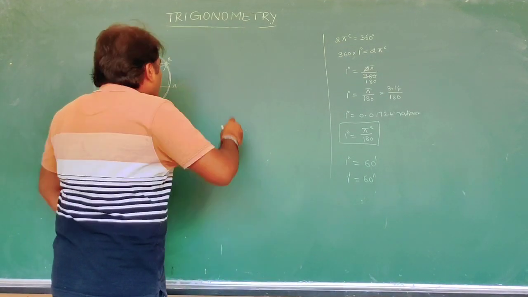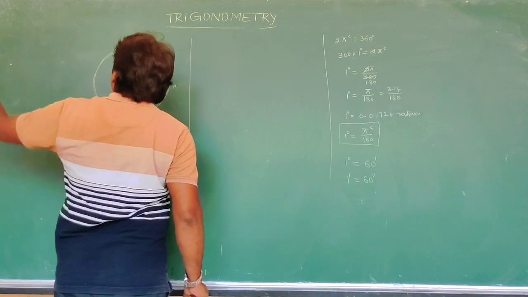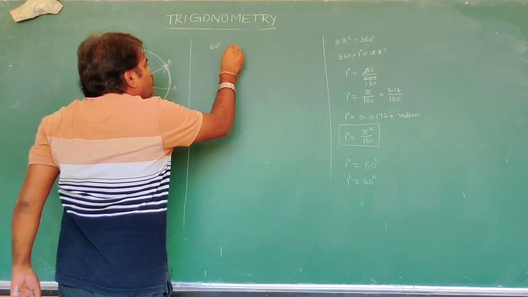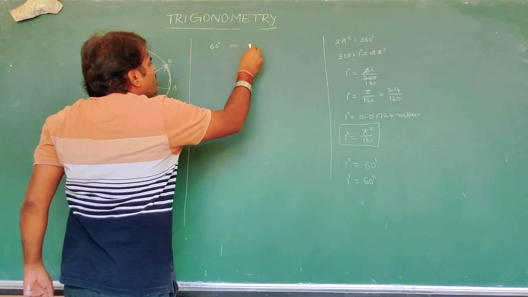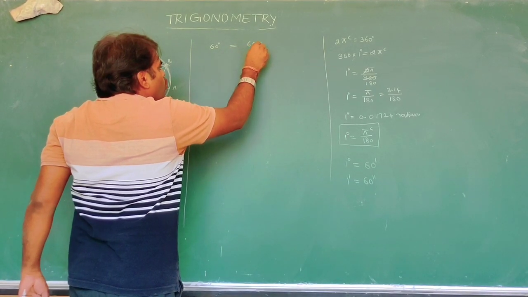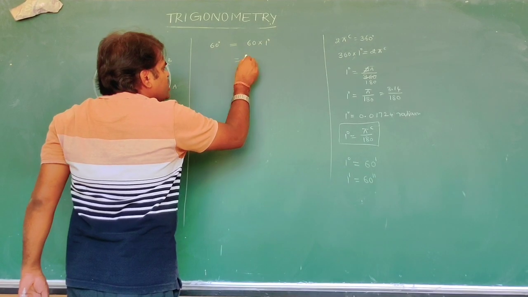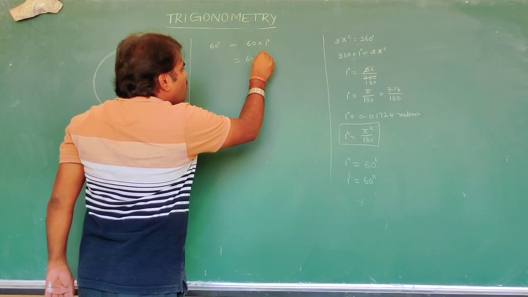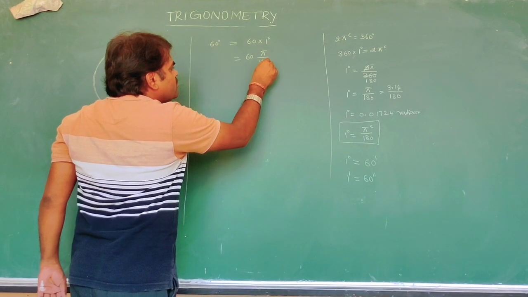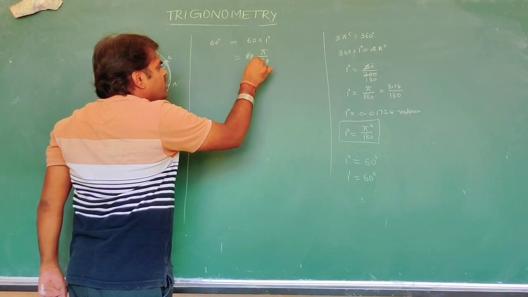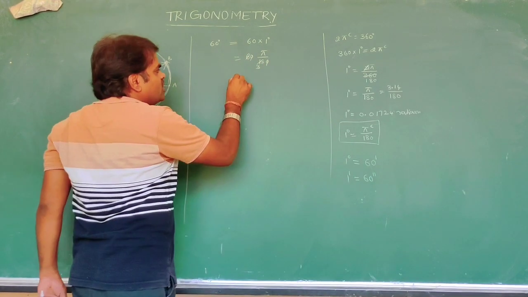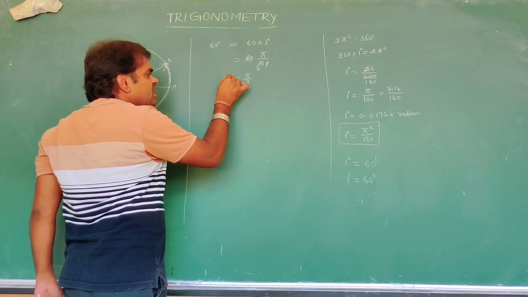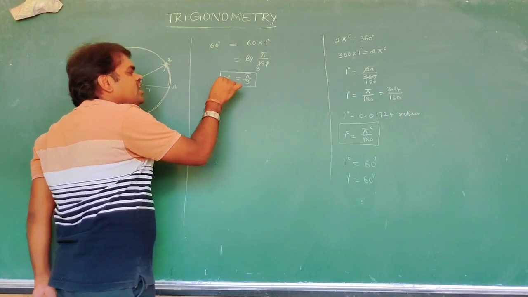For example, 60 degrees is to be converted into radians. That is 60 into 1 degree. 1 degree is pi by 180. Cancel the zeros, cancel 3. That is pi by 3. So 60 degrees is pi by 3 radians.